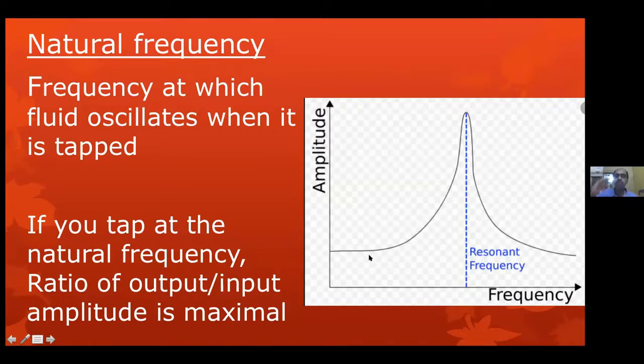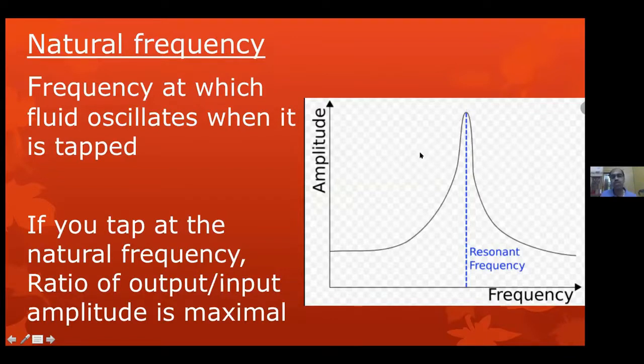But for every transducer, there is something called a natural frequency. The natural frequency is the frequency at which the fluid-filled transducer system will oscillate at the maximum. So each and every transducer will have its own natural frequency.